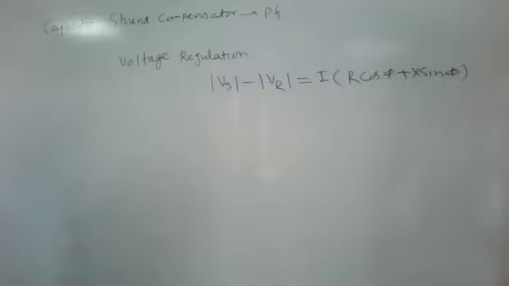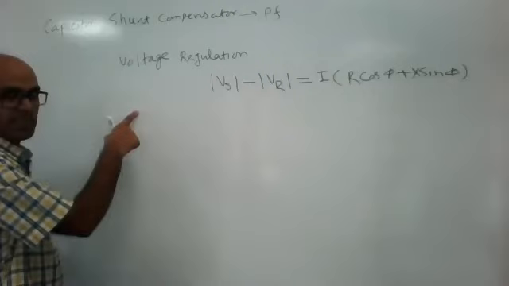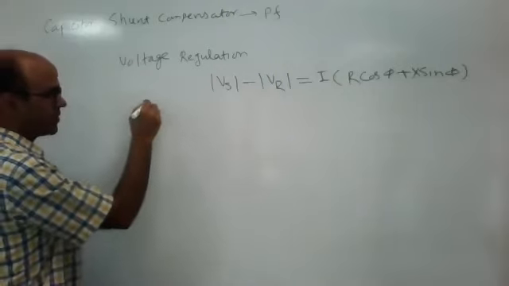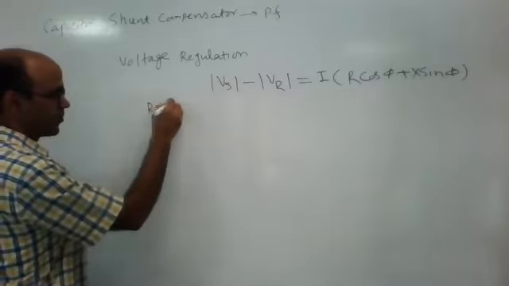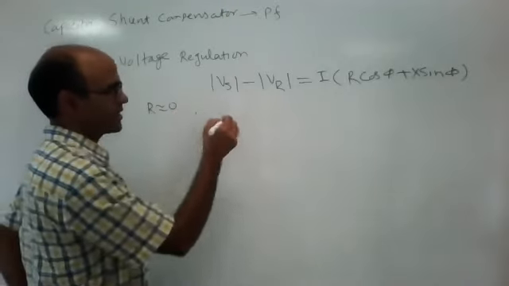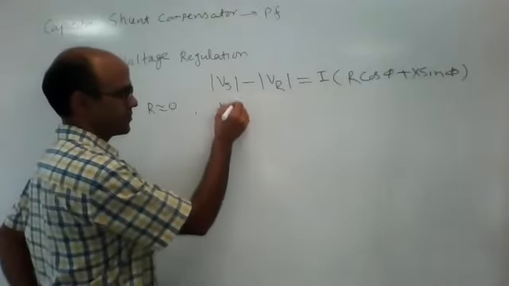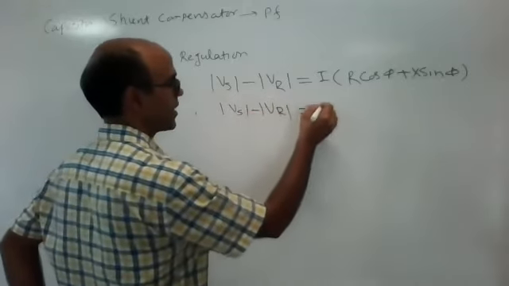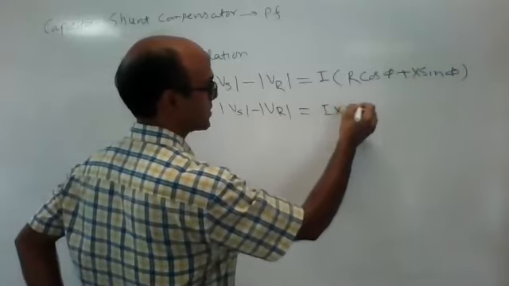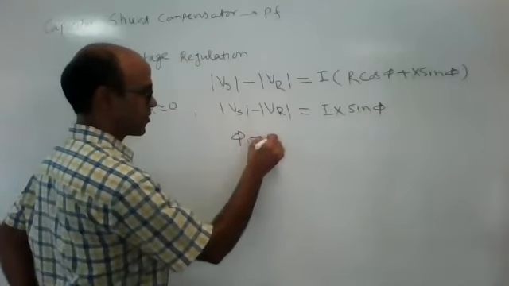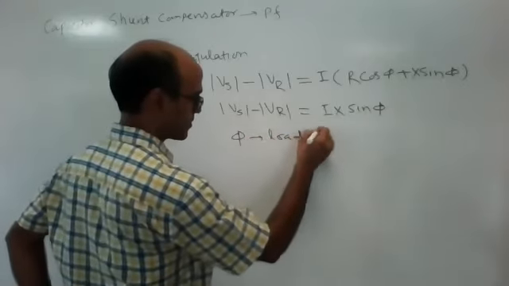You can see the previously considered system has resistance 0, so there is no resistance term. For the considered system, Vs minus Vr comes to be I X sin phi, where phi is the load power factor angle.